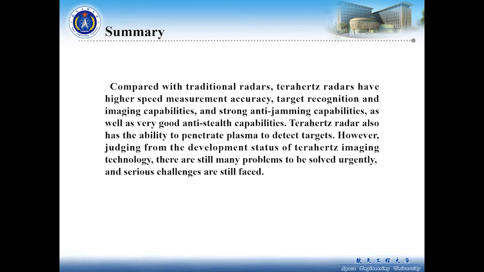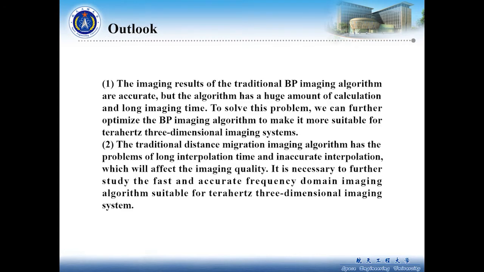Terahertz radar also has the ability to penetrate plasma to detect targets. However, judging from the development status of terahertz imaging technology, there are still many problems to be solved urgently, and serious challenges are still faced.